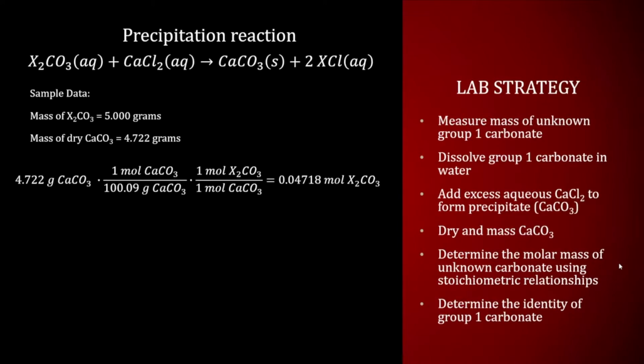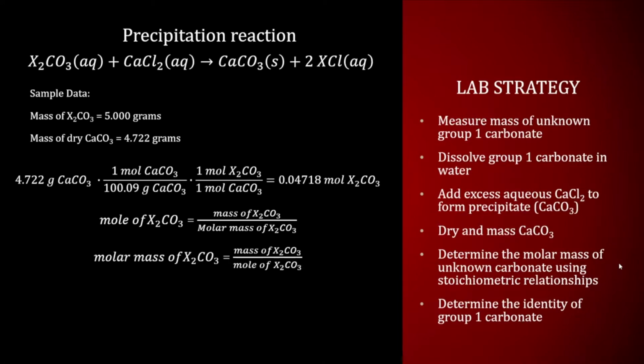From here, we can determine the number of moles of the unknown carbonate that should have reacted, again using the stoichiometric relationships. Because we've massed the unknown carbonate, using the number of moles and the mass, we can determine the molar mass of the unknown carbonate by dividing the mass of the carbonate by the number of moles of the carbonate. And from here, we get 105.98 grams per mole.